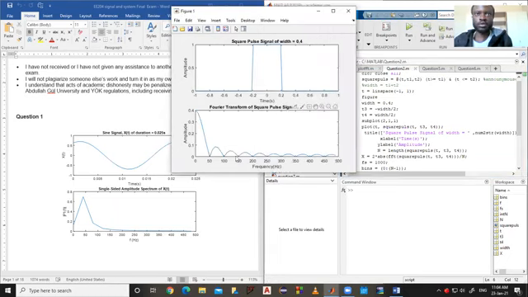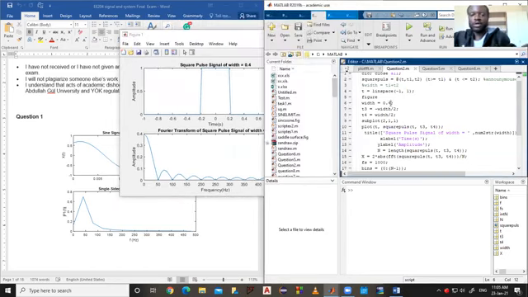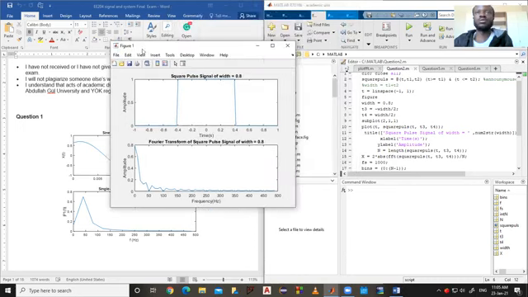It becomes steeper, you see. And if we go to 0.8, it becomes steeper as the width increases, and this becomes flatter now. And so that is the effect of increasing the width of the square pulse.